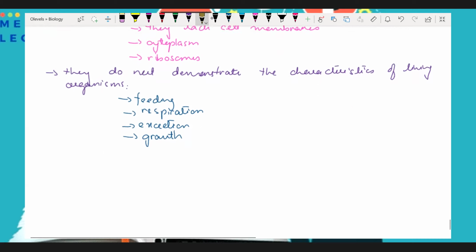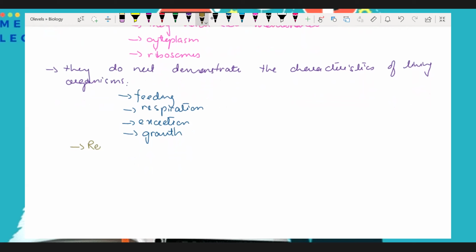And if we talk about reproduction, do they reproduce? They only multiply when they are in the cells of living organisms.